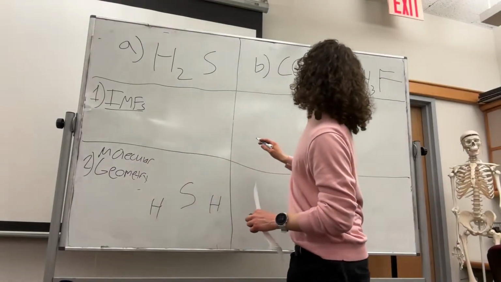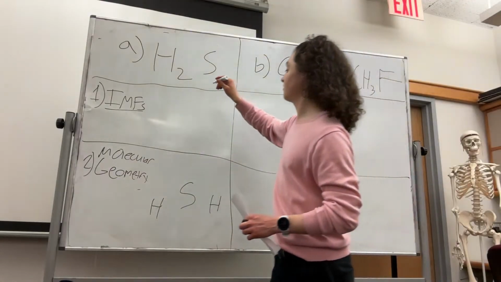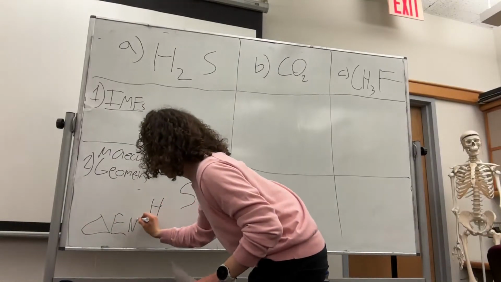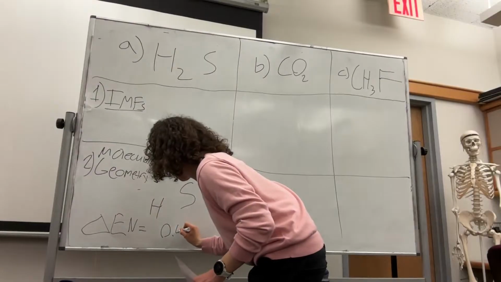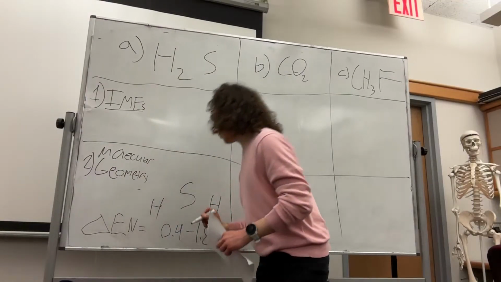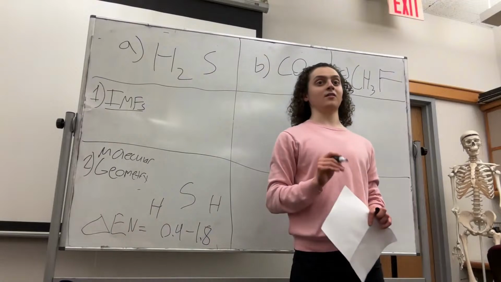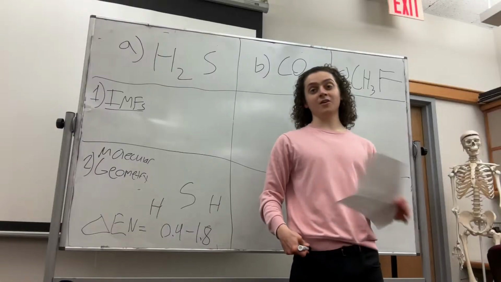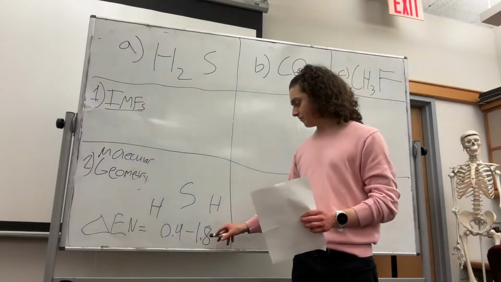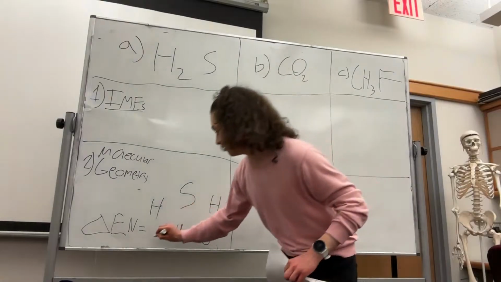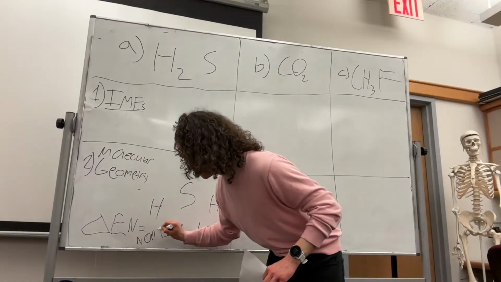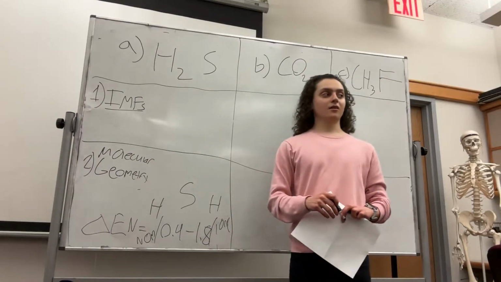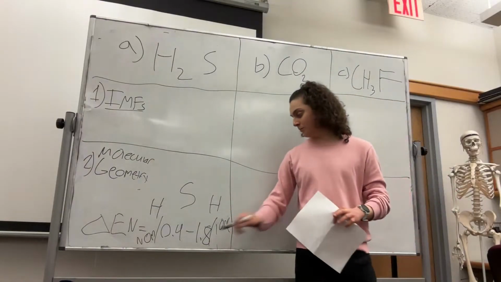Our textbook has it as a difference in electronegativity of 0.4 to 1.8. That's something you just have to memorize if they're giving you electronegativities and asking you to solve. If not, you just need to look at the periodic table and realize they're far apart. One is going to be less electronegative than the other. Below 0.4, nonpolar. Above 1.8 is ionic. Between those two is polar covalent bonds.